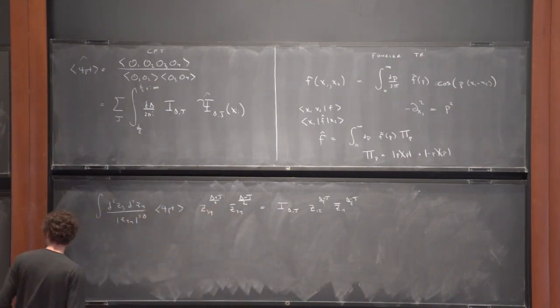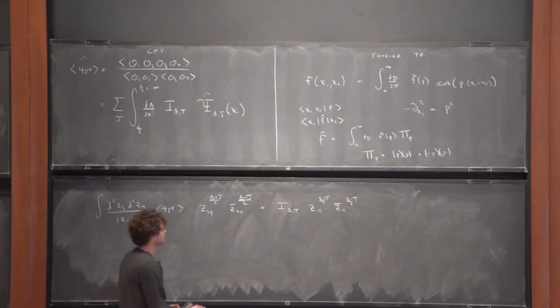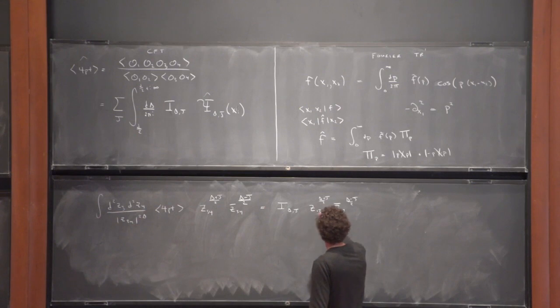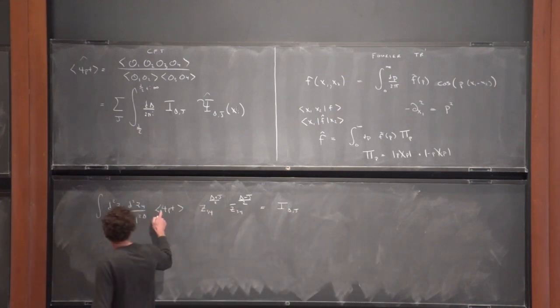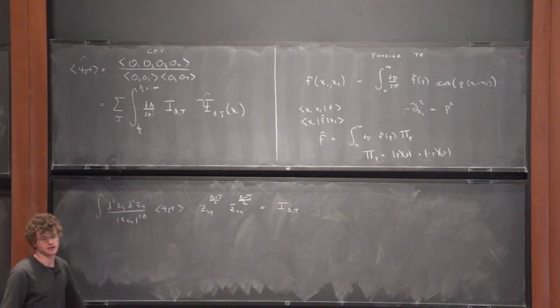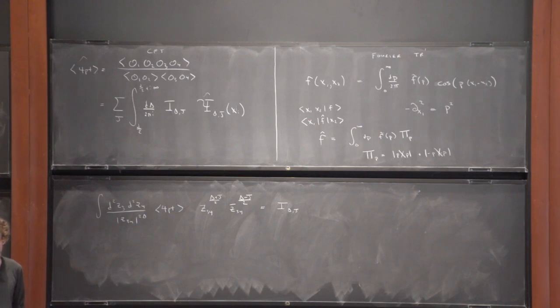So we can make this slightly simpler by putting point 1 at location 1, and point 2 at location 0. Then this factor becomes 1, and we restrict the locations of points 1 and 2 in here, and then we have this equation. So this is actually how we compute the eigenvalues of the kernel in the SYK model or its higher dimensional generalizations. It's by doing an integral exactly of this type.